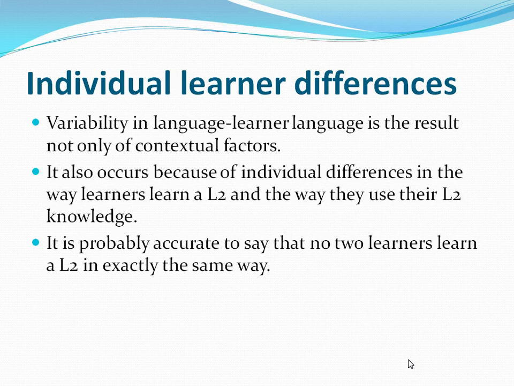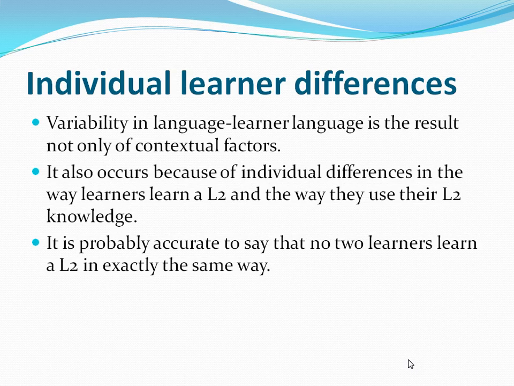In the same way, every individual learner learns language in their own way, in a different way, following different context, following different curricula, and also by applying their language learning knowledge. And it would probably be accurate to say that no two learners learn L2 in exactly the same way.